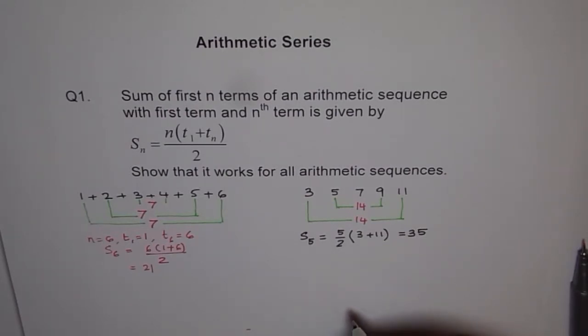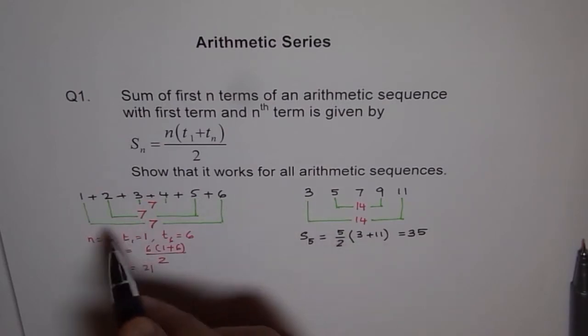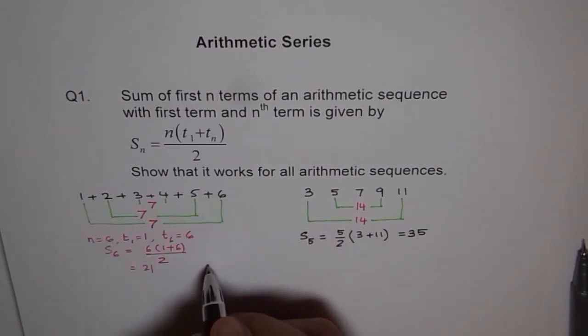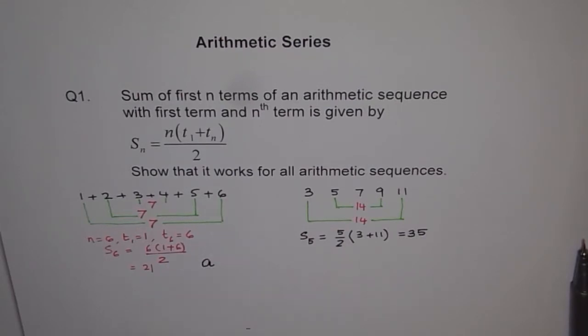Now let's take a very, very general formula just to show that it always works, right? In this case, instead of 1, 2 or 3, let's start with a general term. Let us say that my general term is A. In an arithmetic sequence, every next term will be plus the common difference.